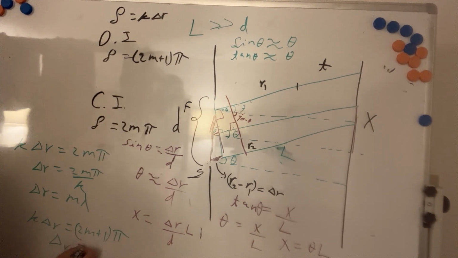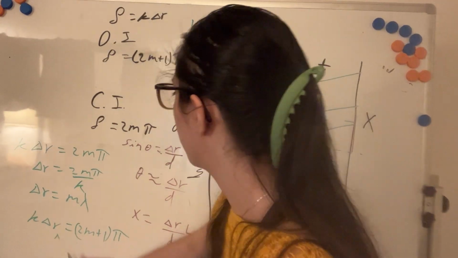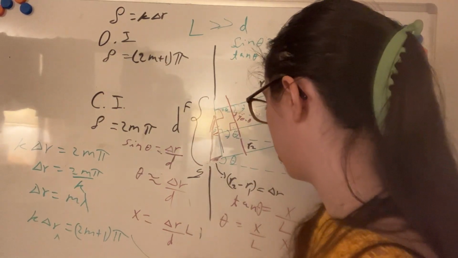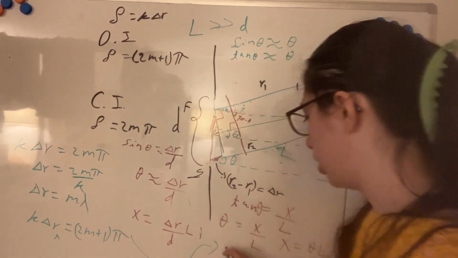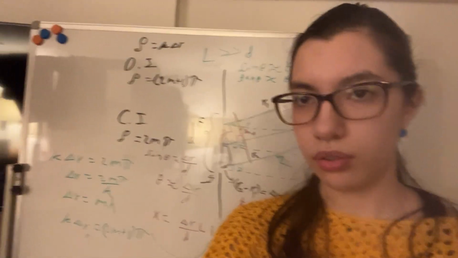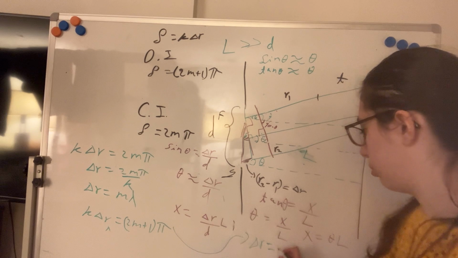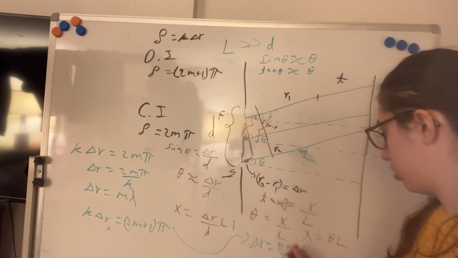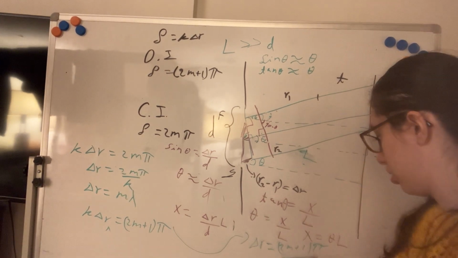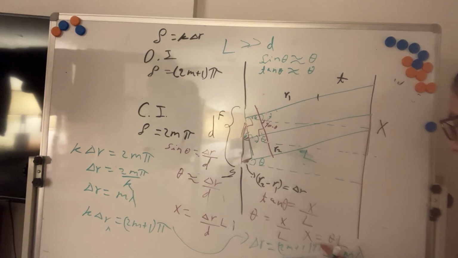So delta R is equal to (2m plus 1) pi divided by k. 2 pi over k is lambda, and pi over k is half lambda.